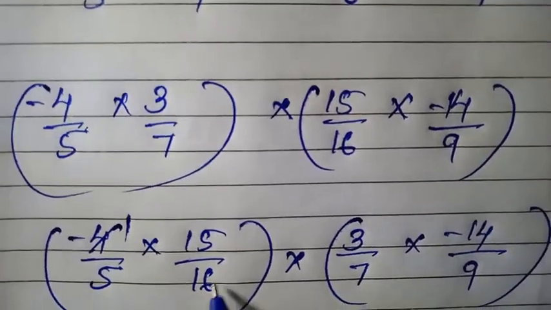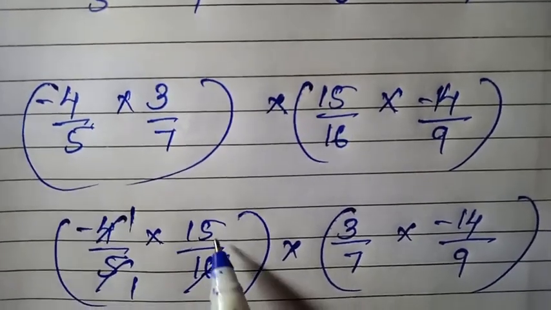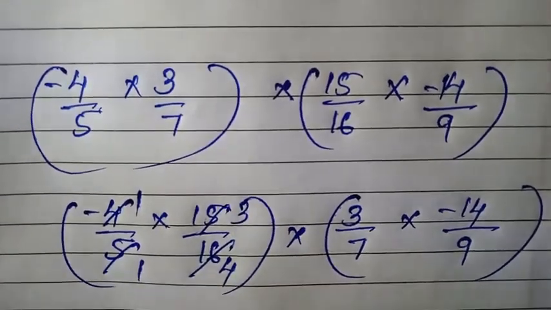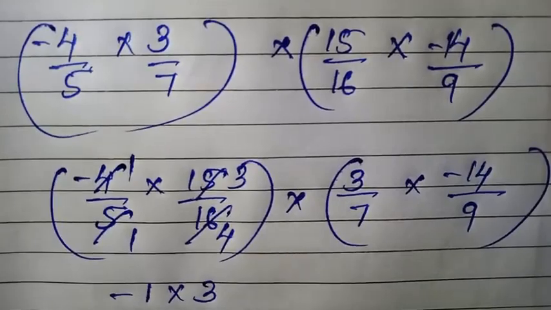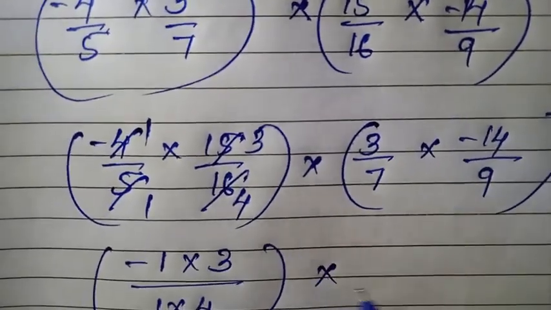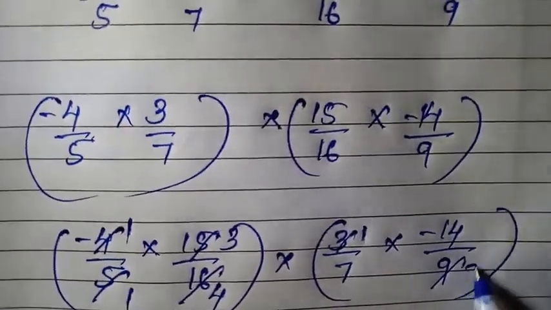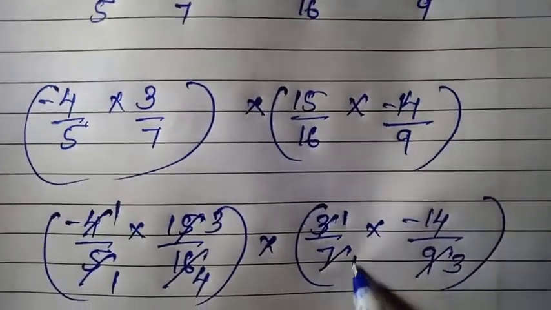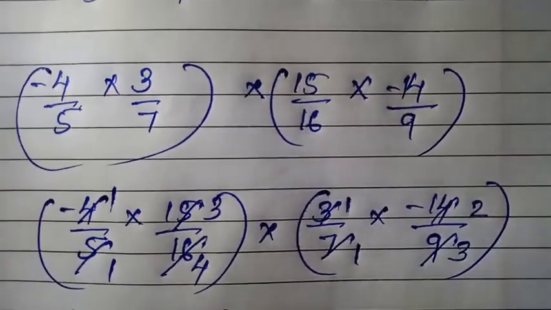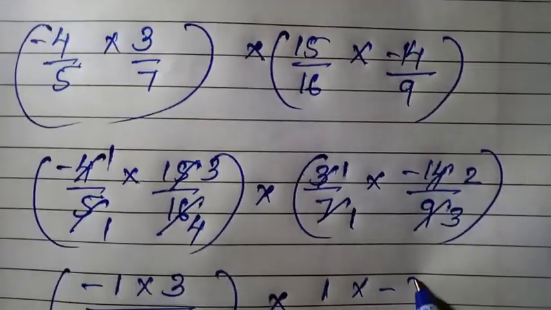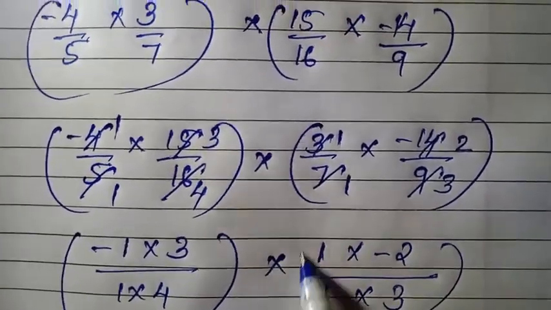Okay. So 4 ones are 4, 4 fours are 16, 5 ones are 5, 5 threes are 15. So here what is left over? Minus 1 by 3 into 1 by 4 in this part, into here 3 ones are 3, 3 ones are 3. Here 7 ones are 7, 7 twos are 14. So the numerator is 1 into minus 2 and the denominator is 1 into 3. Is it?